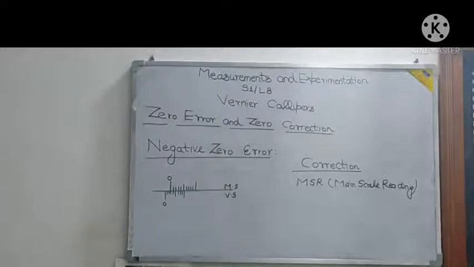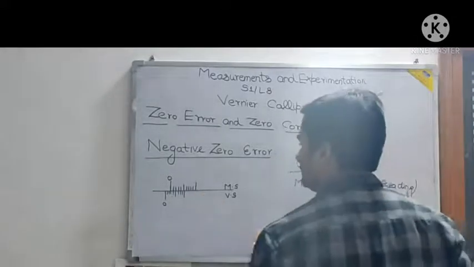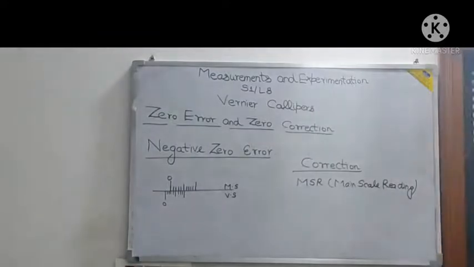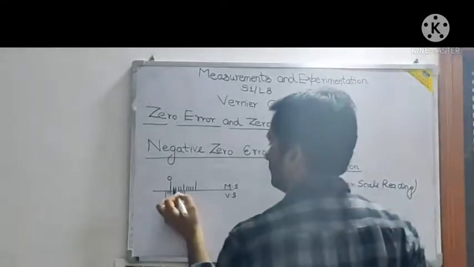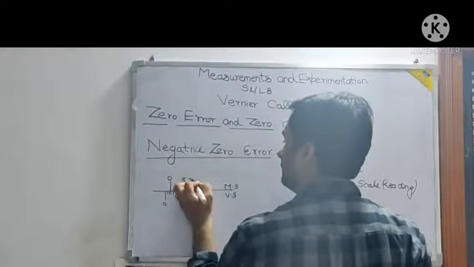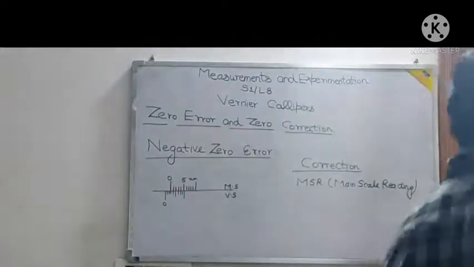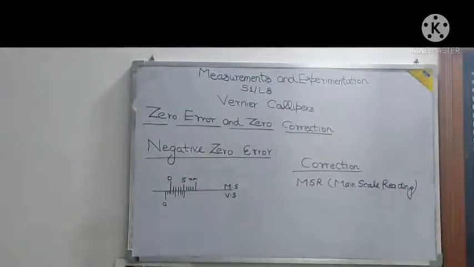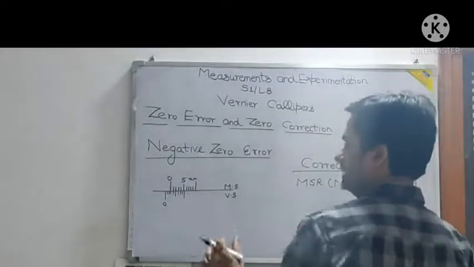So under this condition, this is 5 mm. And you already know that there are 10 divisions in total for the vernier scale.